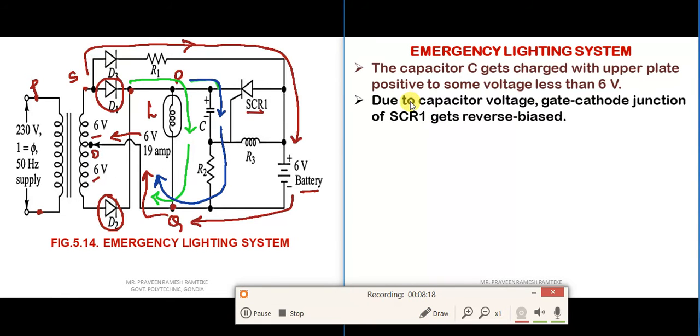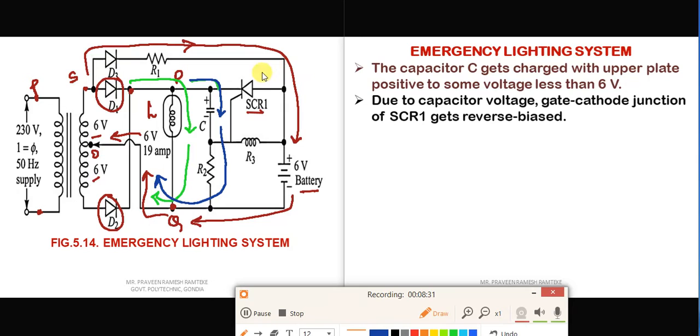So when the capacitor voltage is developed fully, this SCR's cathode terminal now gets positive voltage. And once the SCR's cathode terminal has a positive voltage, the SCR will get reverse biased.